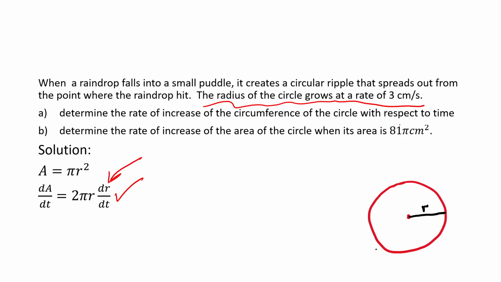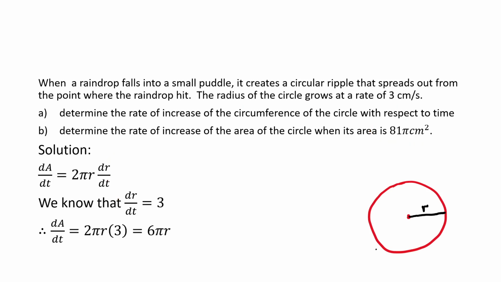To determine the radius, we're just going to have to figure out what's the radius of a circle whose area is 81 pi. That's not too tough to figure out. And once we figure that out, we'll be able to plug it in here, and we'll have our answer for dA over dt. So that's what's written here.